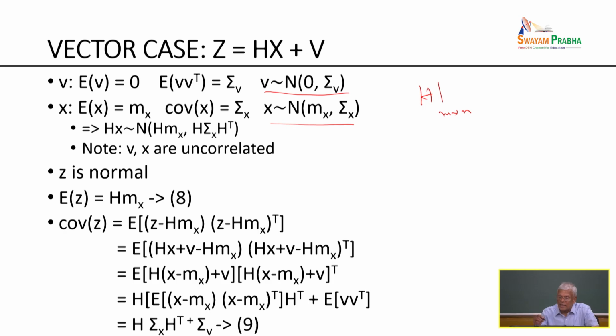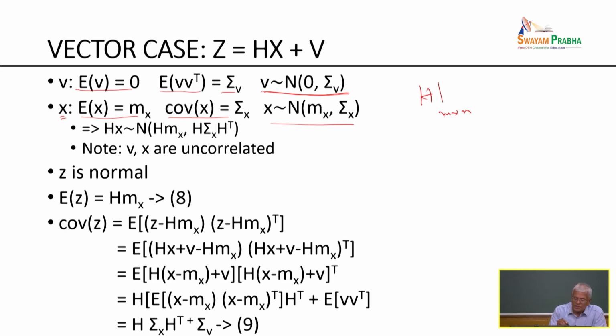Now please understand, they are essentially the same except that the mean is a vector and the variance is a covariance matrix. So E of v is 0, E of v v transpose is sigma v, v itself is normal. X is such that the mean of x is m of x, the covariance of x is sigma of x, and x is normal.